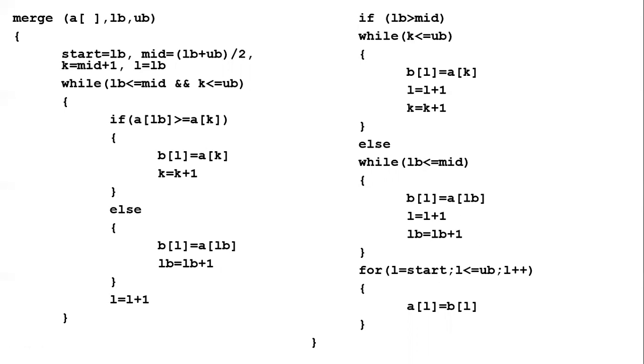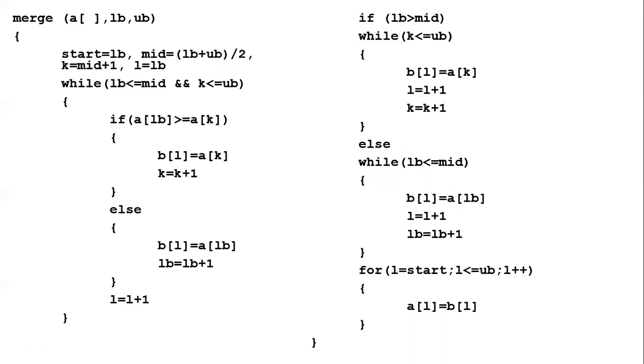In this case, if K is less than or equal to UB, this condition will occur. While K is less than or equal to UB, the content of A[K] will be stored to B[L], L will be incremented by 1 and K will be incremented by 1.